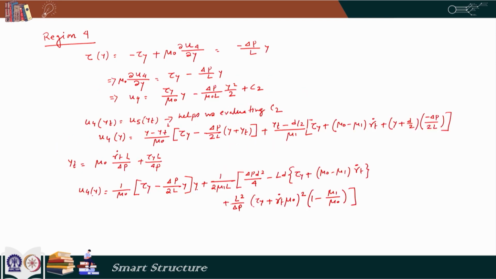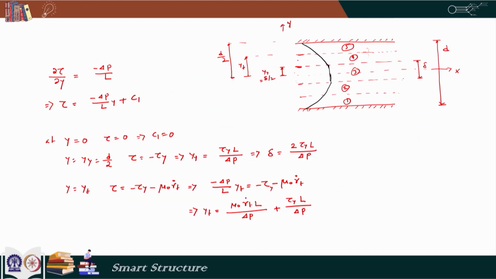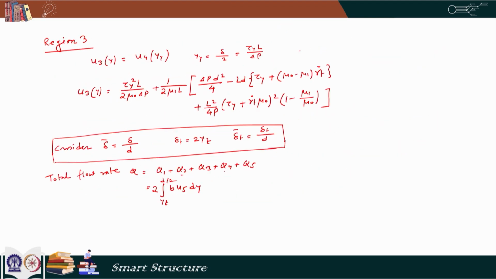So, if we again look at the diagram, it is between y t and d by 2 where um is valid. So, the corresponding flow rate is just um multiplied by b integrated over the region, and we multiply this by 2 because of the symmetry.